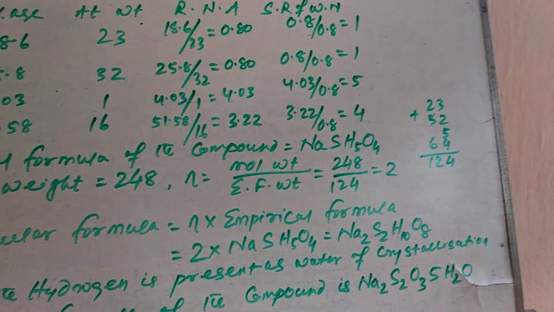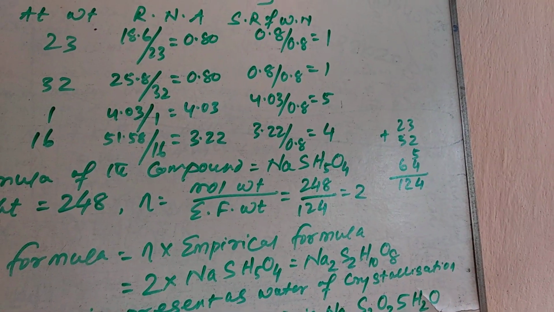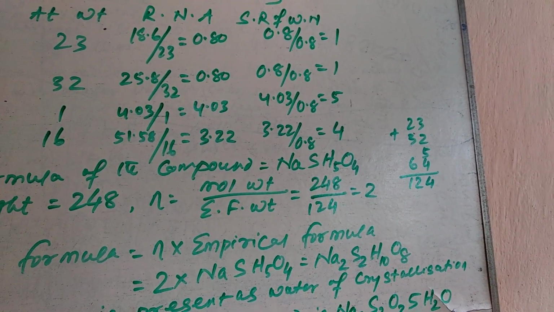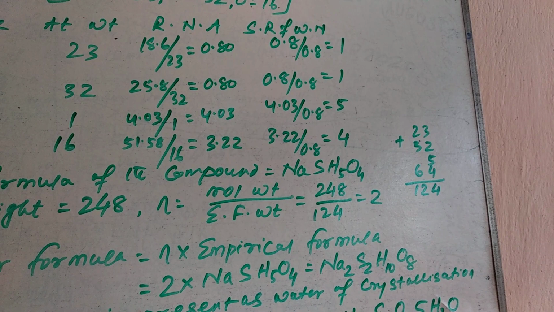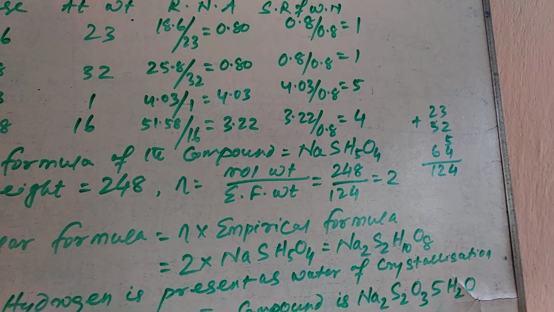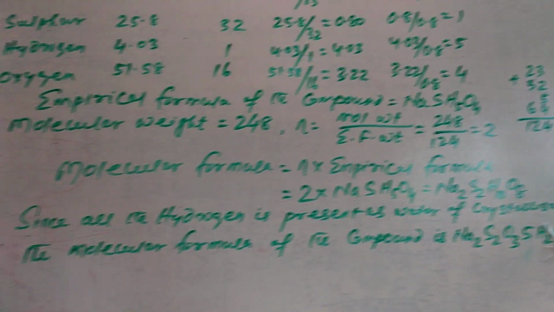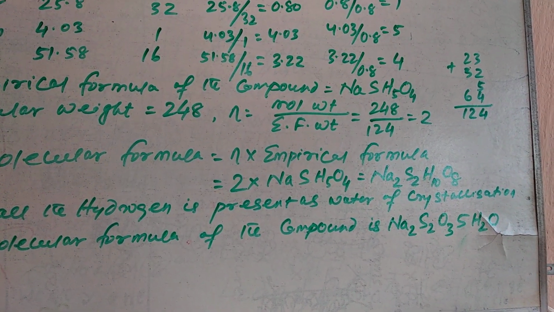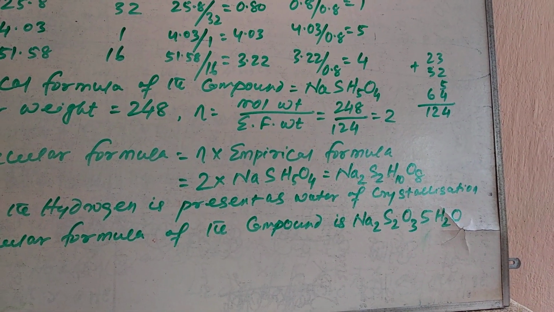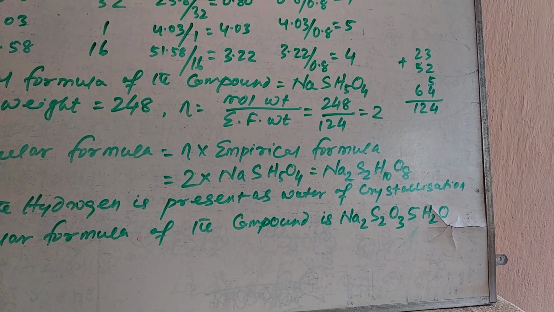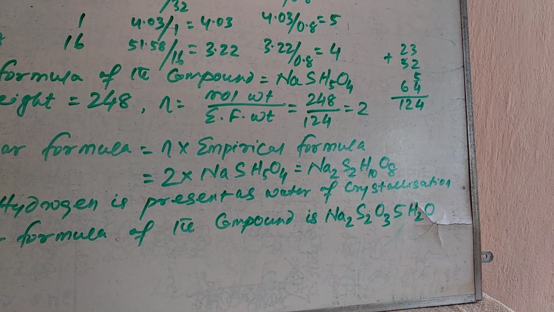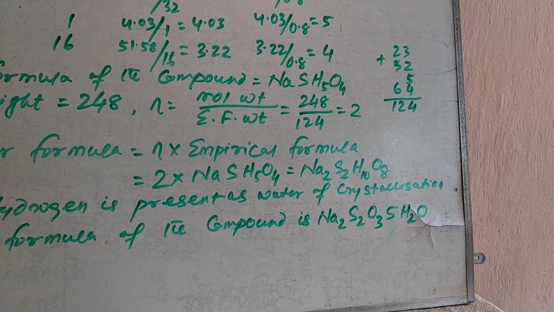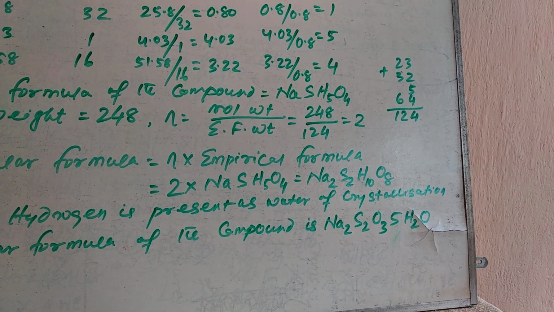Then N is equal to molecular weight by empirical formula weight, that is 248 divided by 124, that is equal to 2. Now the molecular formula is equal to N times the empirical formula, that's equal to 2 times NaSH5O4, that's equal to Na2S2H10O8.